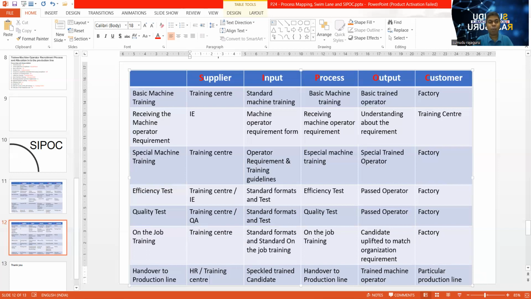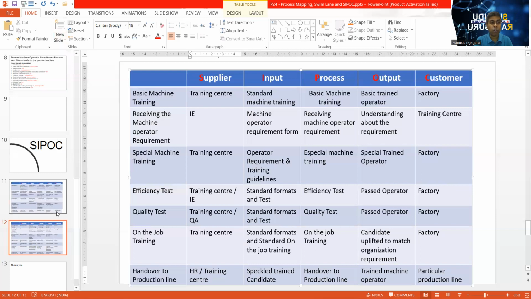So this is the SIPOC chart. Okay, I think now you can understand, when we draw the SIPOC chart, each and every step we can deep down study, so we know about all the things in 360-degree angles.